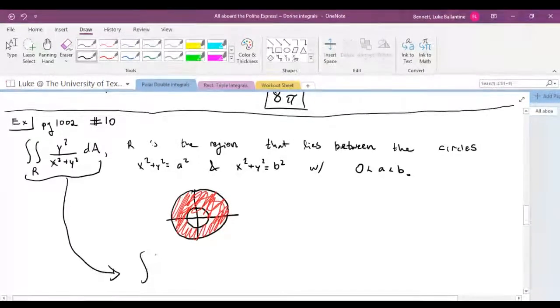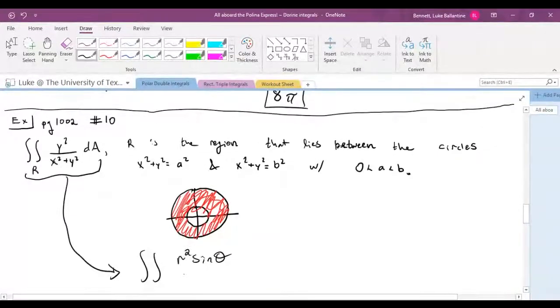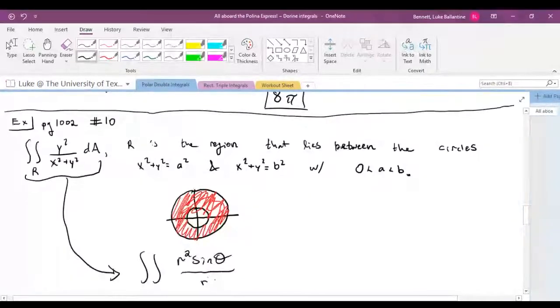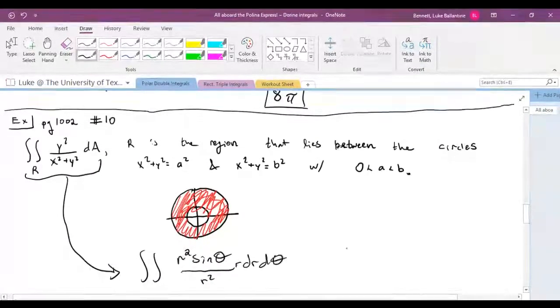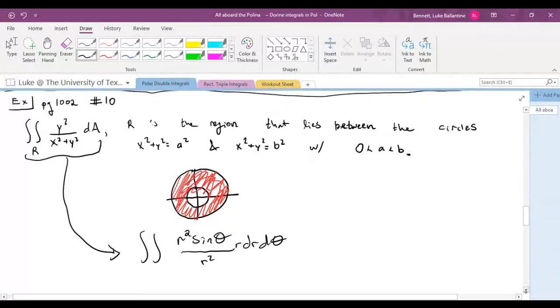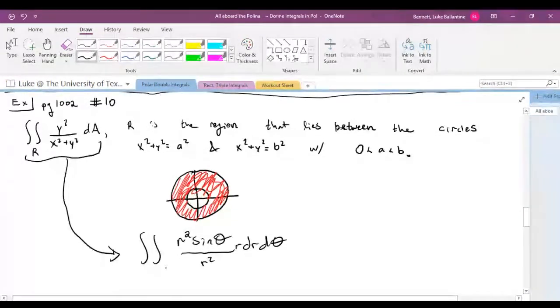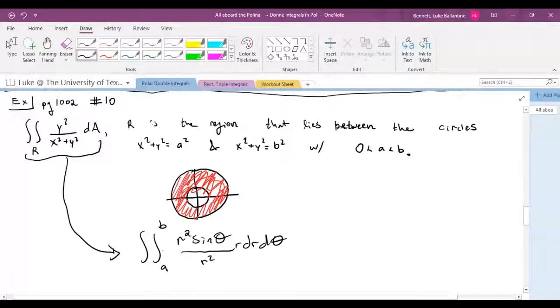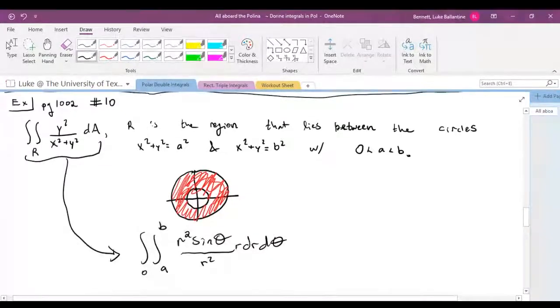We get the double integral. Y squared is r squared sine squared theta. X squared plus y squared is r squared. dA is r dr d theta. So r is in between a and b. Theta is in between 0 and 2 pi.